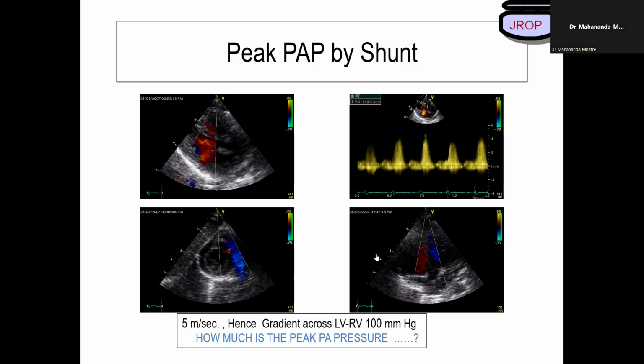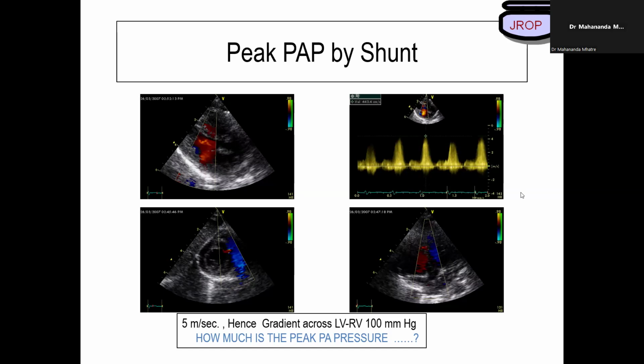So what would be the TR gradient in this subset of population? 30 minus 5, that is RA pressure, the TR gradient would be 25.